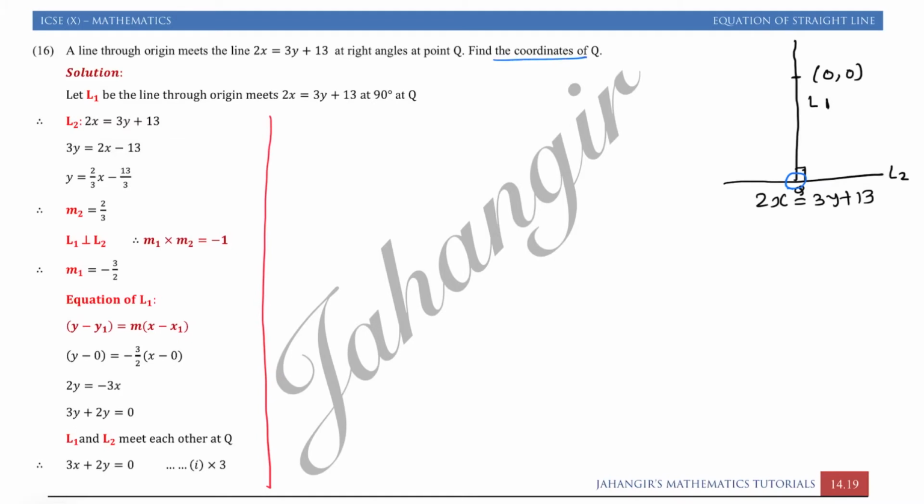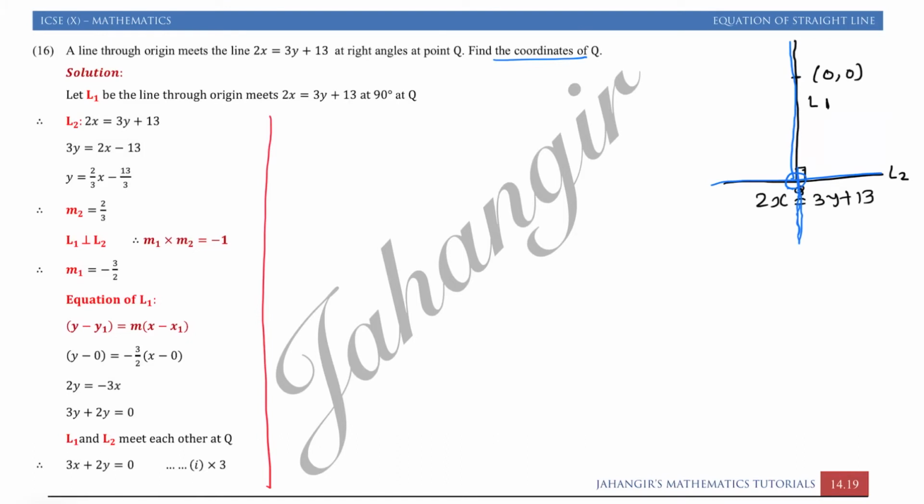Find the coordinates of Q. So what we will do, we will first find the equation of L1. We know the equation of L2. Just solve it using simultaneous equations, because see, the intersecting point of L1 and L2 is Q. So we can solve it using simultaneous equations.